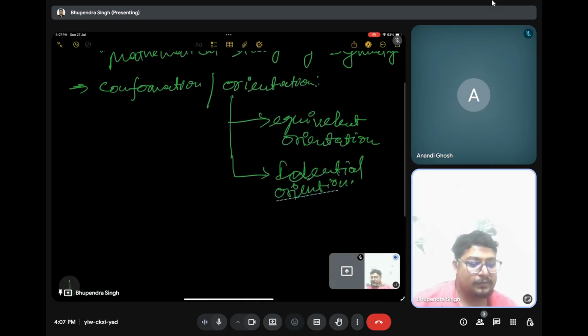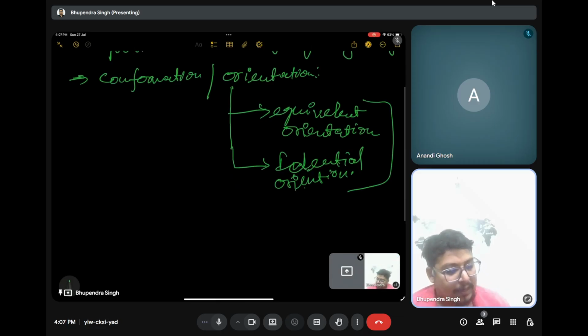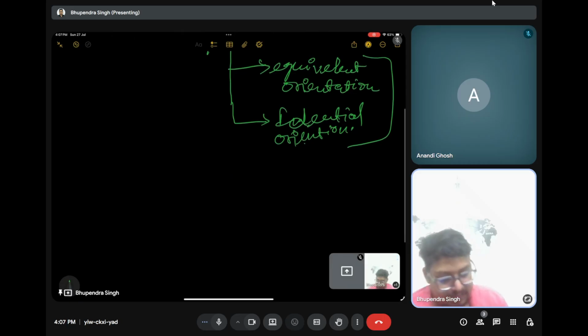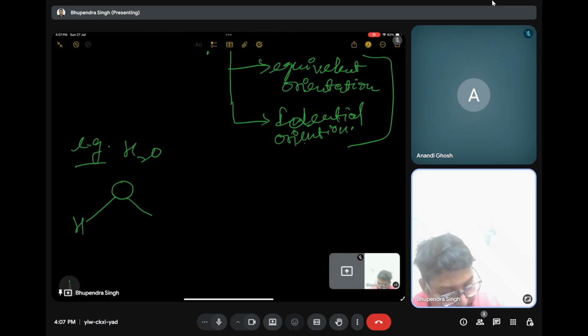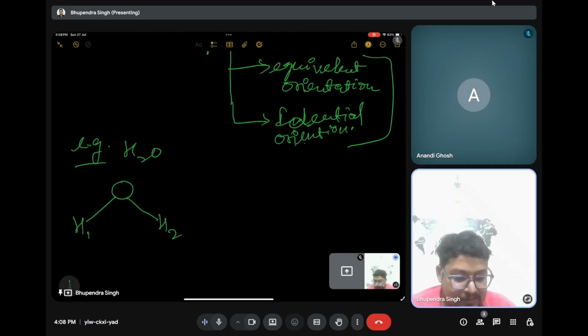So what is the difference between these two, equivalent and identical? Let's take one example of the water molecule. Let's say H1 and H2. They are identical; they cannot be distinguished. But for the purpose of studying symmetry in this course, I am indicating the two hydrogens as 1 and 2.